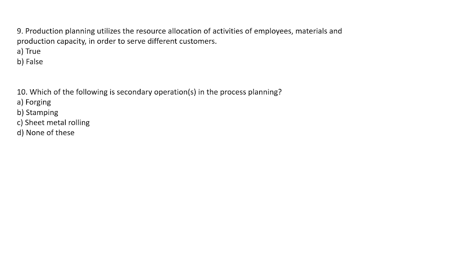That involves balancing competing demands, such as minimizing costs while maximizing output and meeting customers' demand, and ensures that production is carried out in a safe and sustainable manner. So this is the main significance behind that line. So the correct option is true.